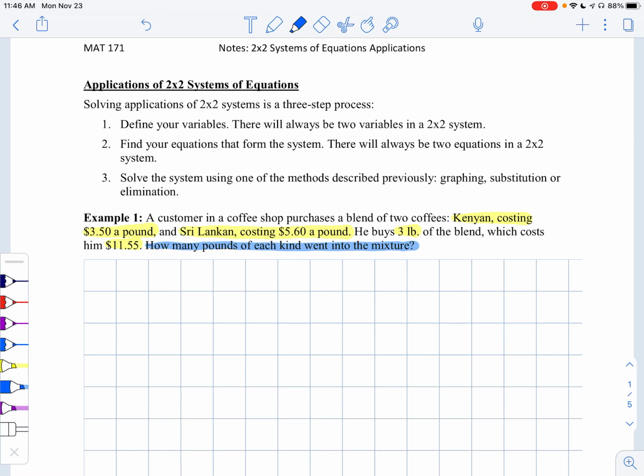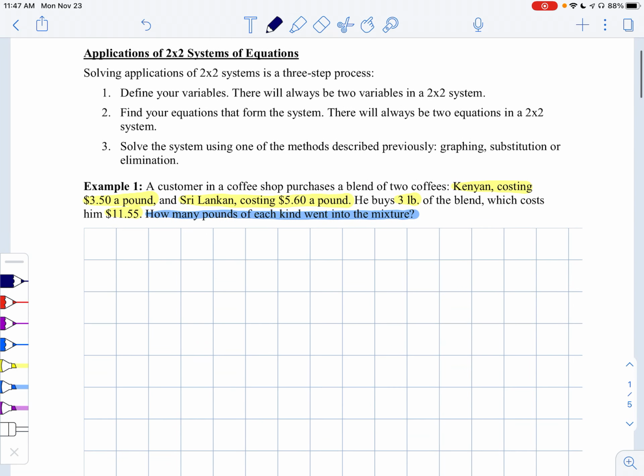It's always important with these word problems to focus in on what you're actually trying to find. Because when we start these, the very first thing I want you to do is define your variables. Tell me what x is measuring and what y is measuring. You can figure that out by thinking about the question. Here it's asking how many pounds of each kind of coffee went into the mixture.